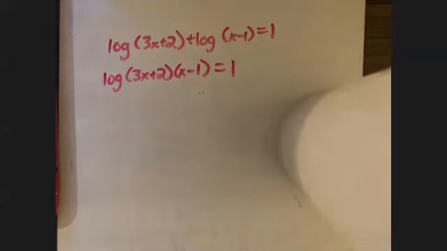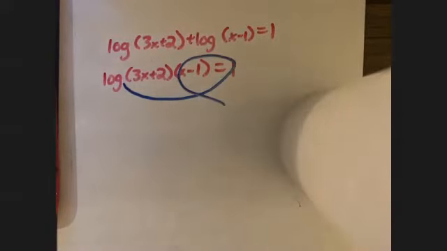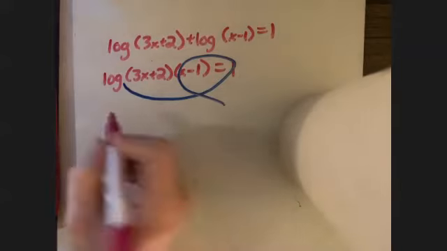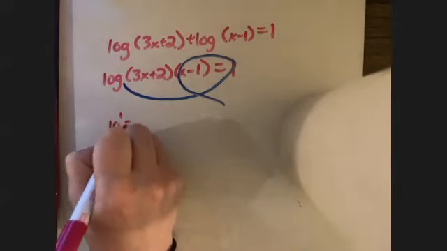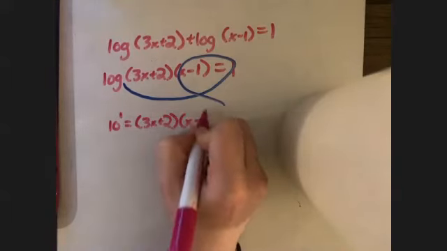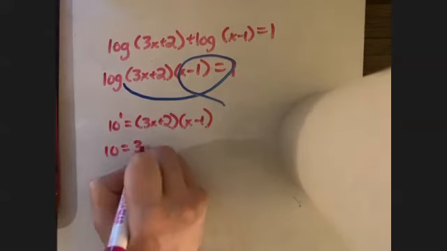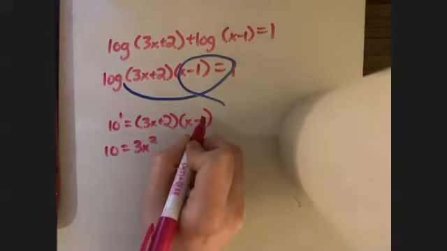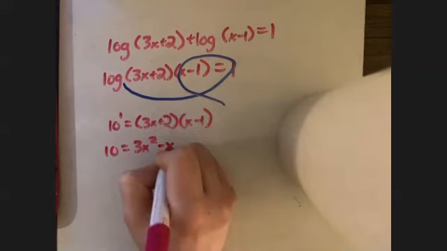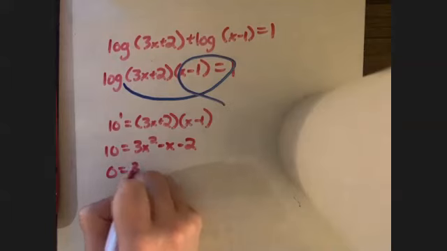Okay, so I use my product rule that log plus log goes back to multiplication. And now I'm going to loop this out. Now, this is common log. Common log is a base of 10. So, it's going to be -3 plus 2 is going to be minus an x. We're going to add, or excuse me, subtract that over.